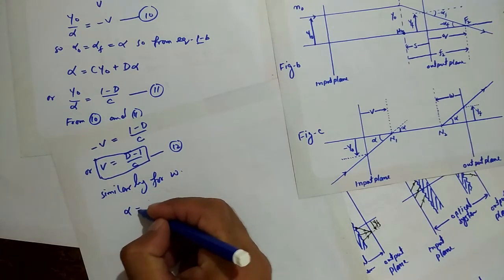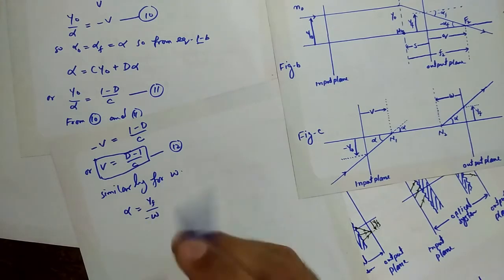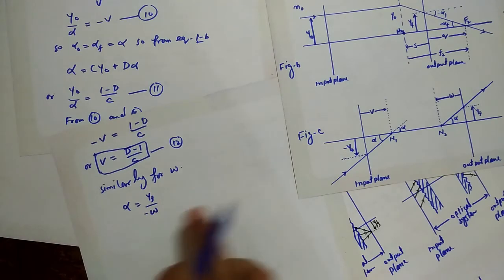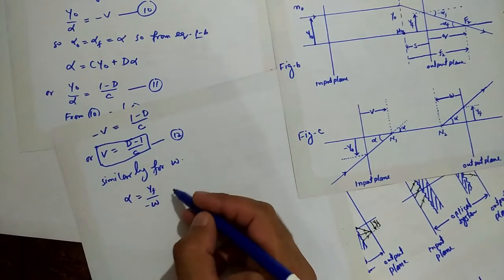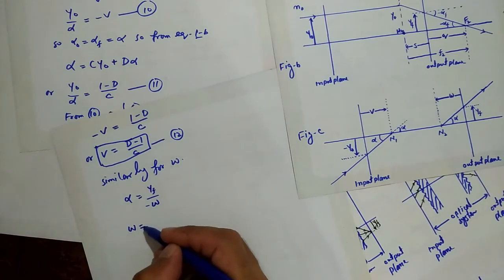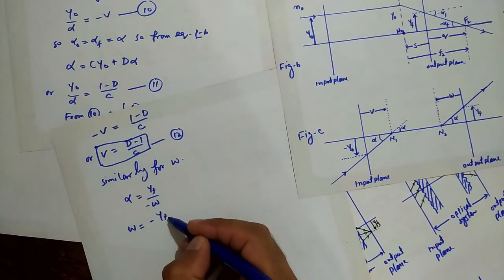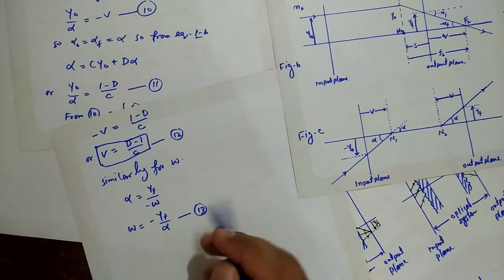So alpha again is yf over omega, but this negative sign here is because the omega is directed toward the left. Or omega will be equal to minus yf over alpha. This is equation number 13.